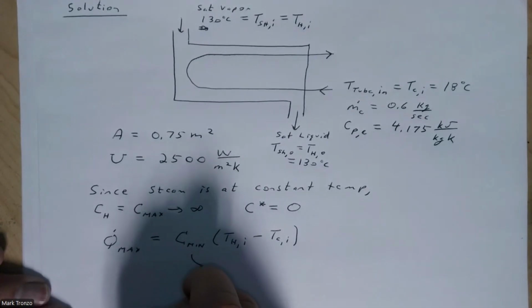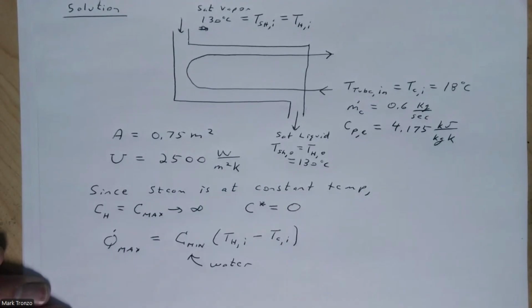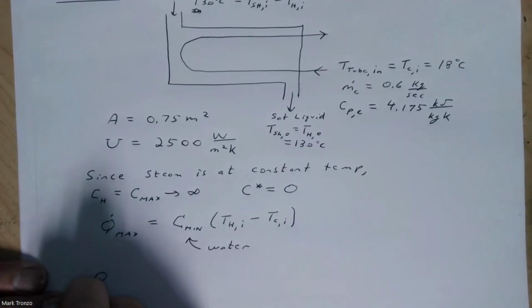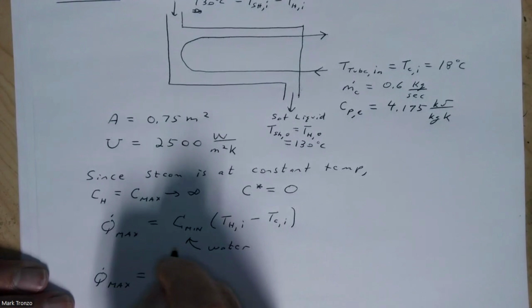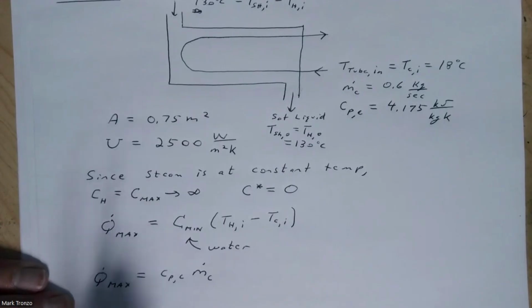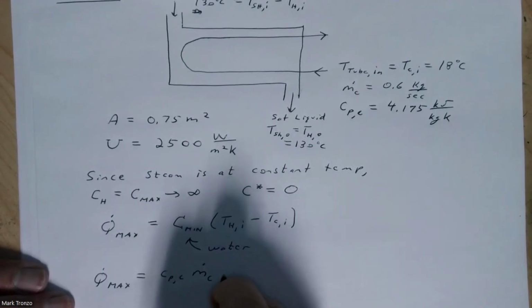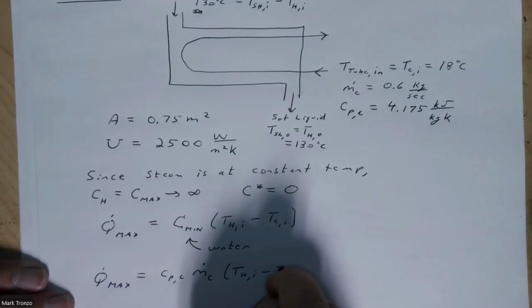So this is going to come from the water. And then Q max is going to be, again, remember what that is. That's going to be Cp for the cold times the mass flow rate of the cold. I think I flipped the order a little bit from what I showed you before. And then T hot in minus T cold in, like this.